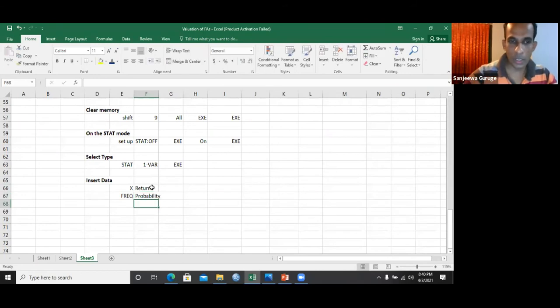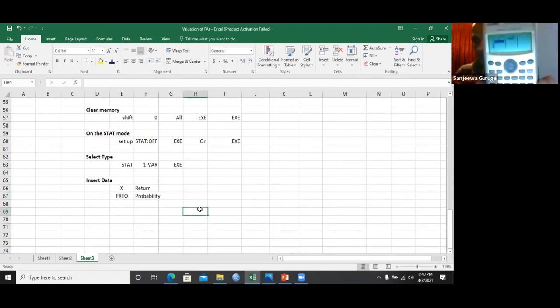So under the x column you have to insert return, and under the frequency column you have to insert probability.